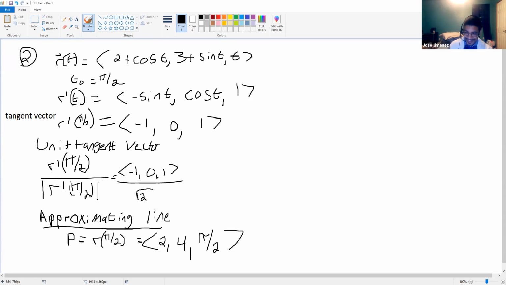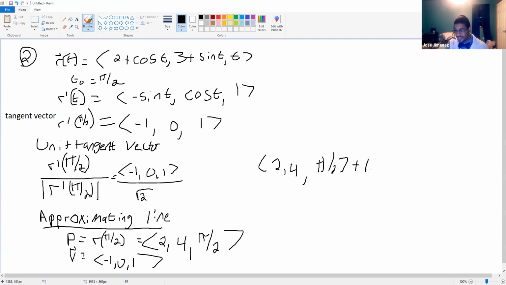Awesome. Cool. And then what we're going to do is, well, we have our vector already. The vector we have is just going to be -1, comma 0, comma 1. And we're just going to throw it into a line form. The line form is just going to be 2, 4, and pi over 2 plus t times the vector of -1, 0, and 1.